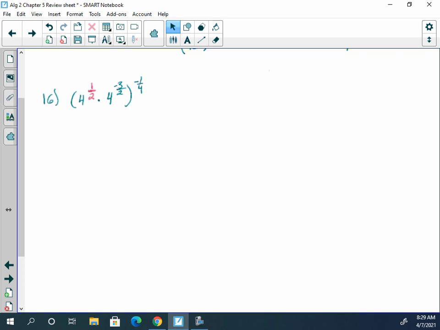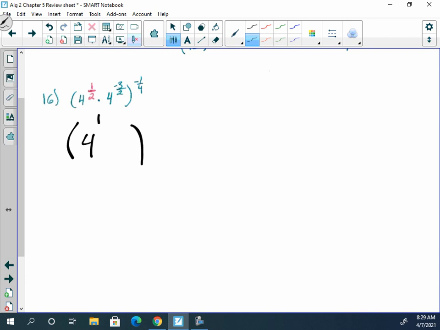Now this one here, because the bases are the same, 4 times 4, we can add the exponents together. So we can do 1/2 plus -3/2. Well, 1/2 plus -3/2 would be -1, because 1/2 minus 3/2 is -1.